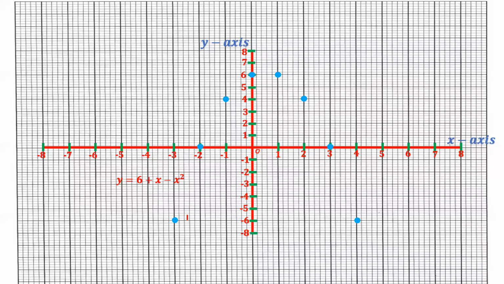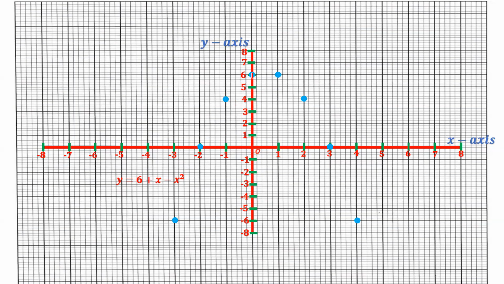The first point we're going to plot is -3, -6. That's this point. The second point we have to plot is -2, 0. So this is -2, 0 right there. The next point is -1, 4. That's that point. The next point is 0, 6.